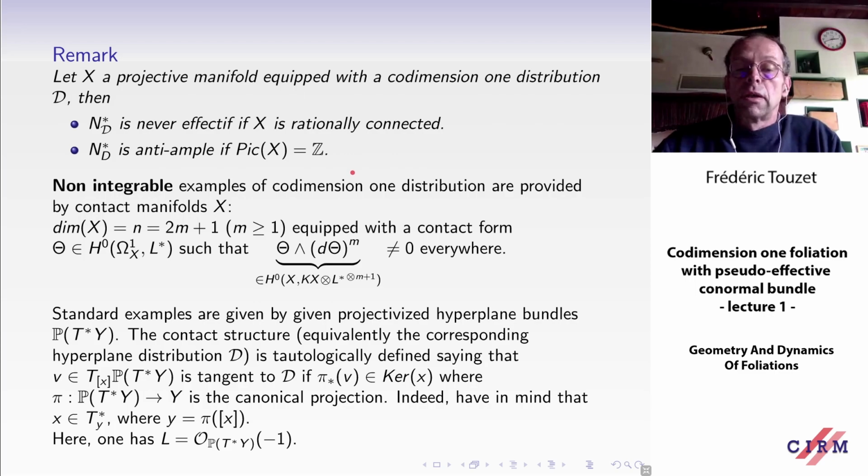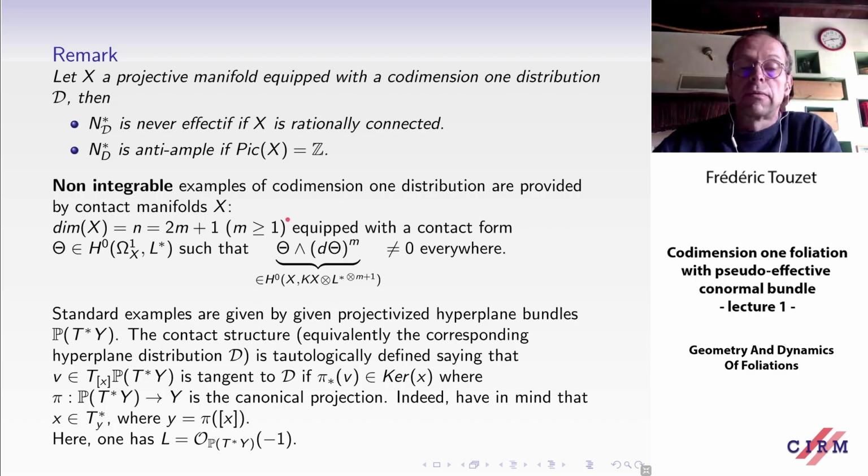Okay, so now I would like to mention some interesting non-integrable examples of codimension 1 distributions. These are provided by contact manifolds, which are odd dimensional manifolds. And what is the contact form on it?